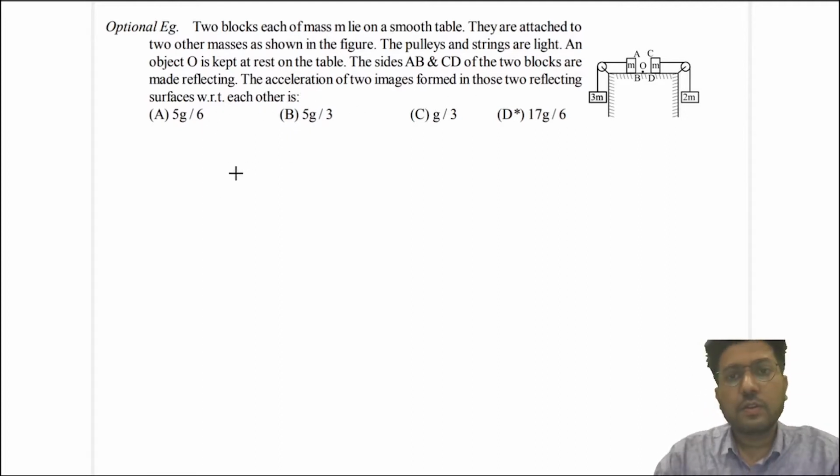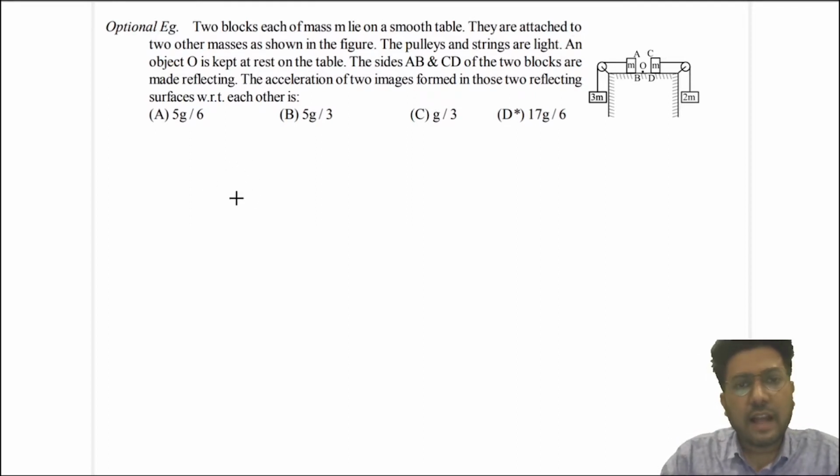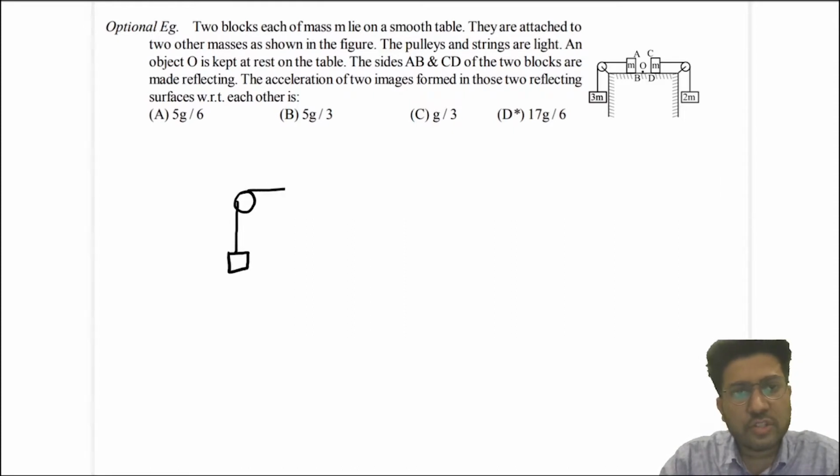Alright. So first I will draw the left pulley and apply Newton's laws of motion and find the acceleration of these two blocks.